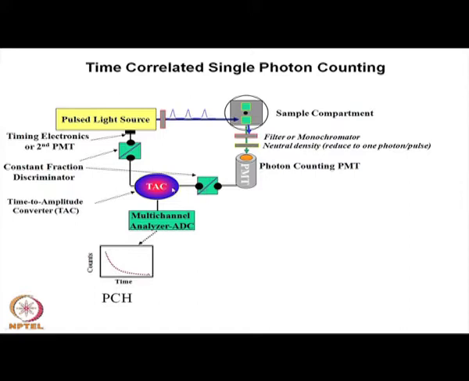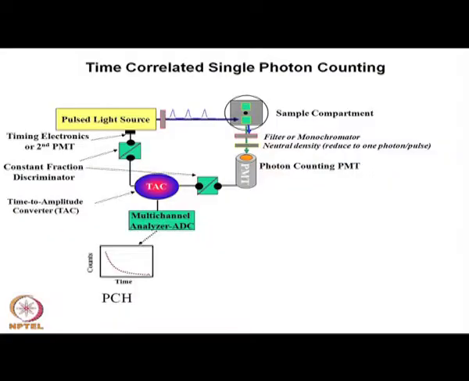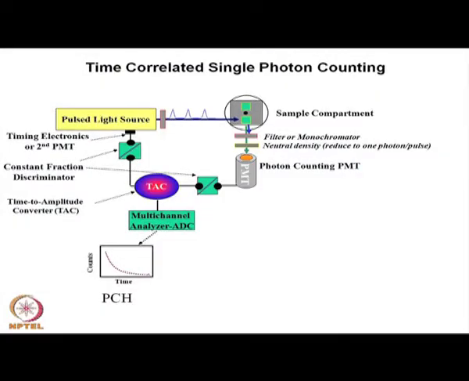That is how it occurs. This is your start signal, and this is your stop. The time gap between start and stop is what we measure, and then it is fed into an ADC converter or a multi-channel analyzer, which puts your information as a function of different time gaps between start and stop, and that generates your histogram.